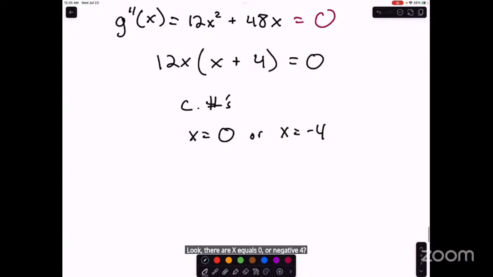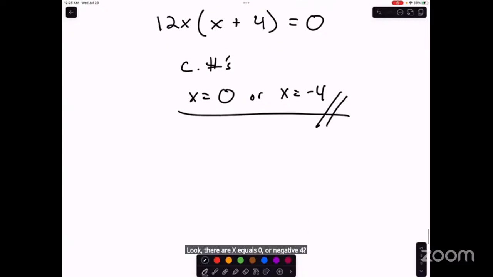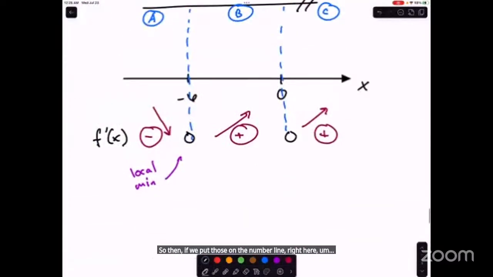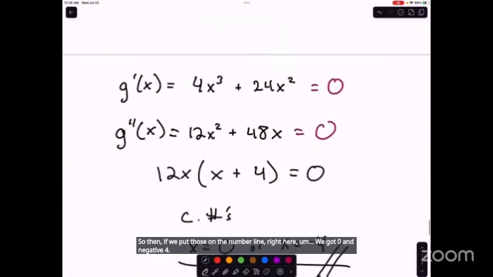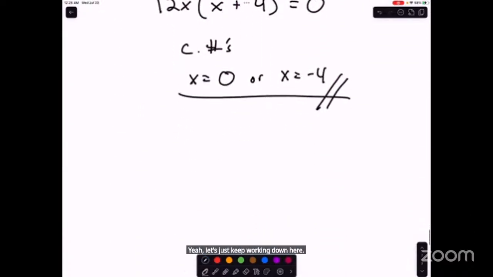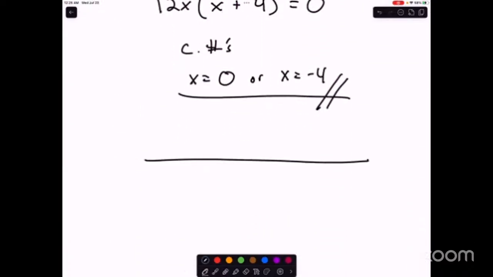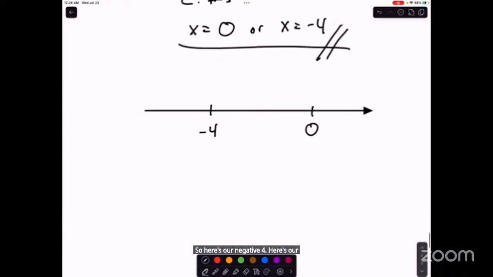Right. So then if we put those on the number line, we got 0 and -4. So here's our -4, here's our 0.